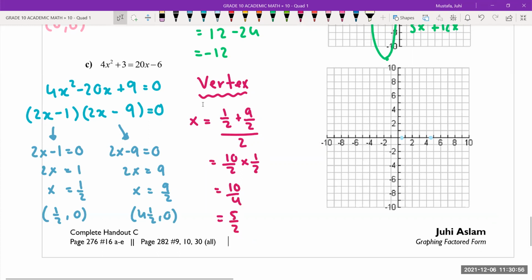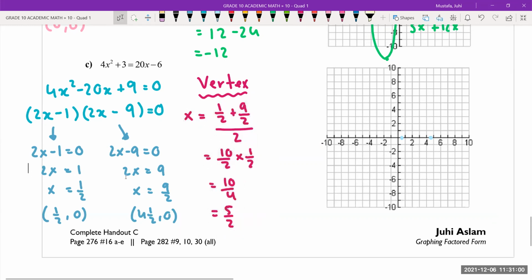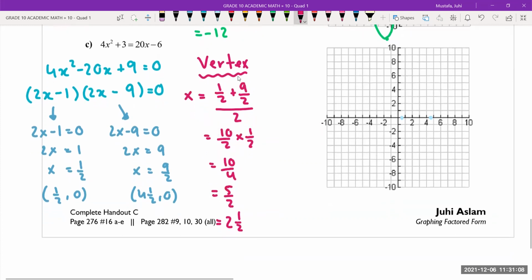So the x value of my vertex is actually just 2.5. Just pause this recording and try to do it yourself. Add these fractions, which gives you 10/2, divided by 2 is the same as times 1/2. Then it's 10/4, which is 5/2, which is 2.5.